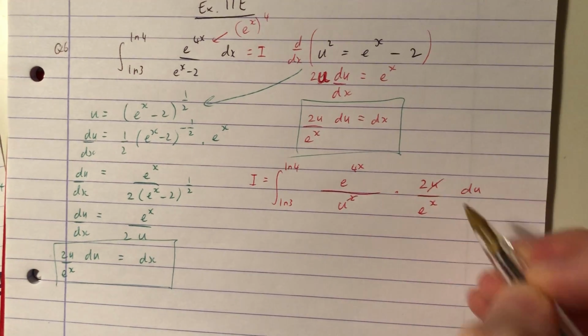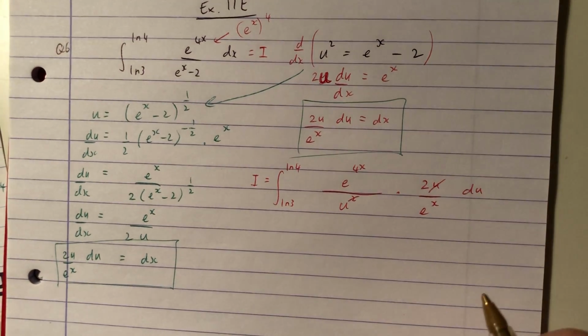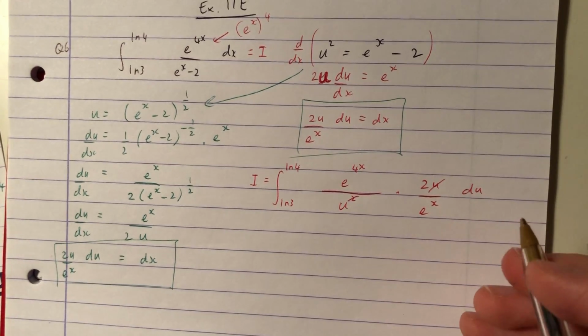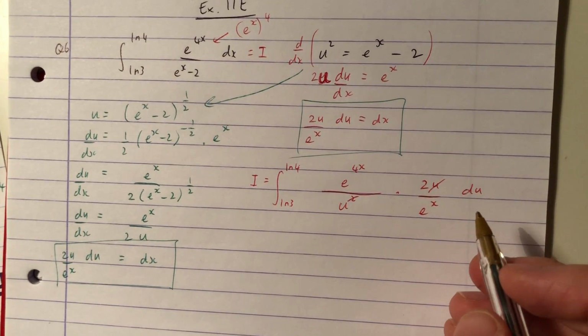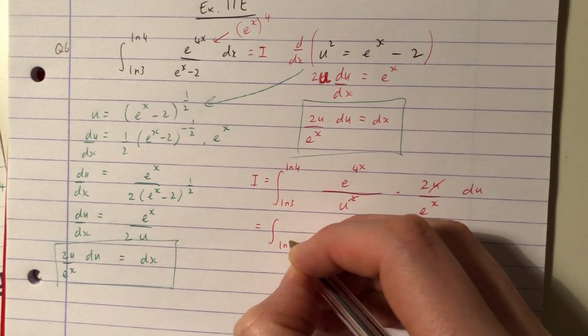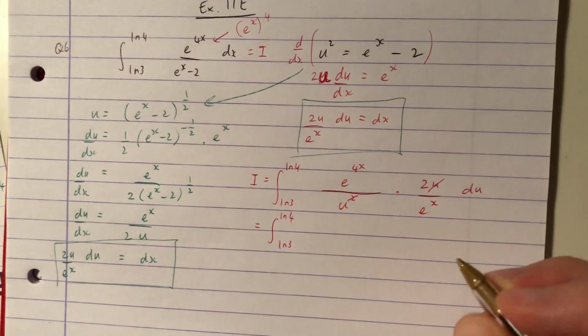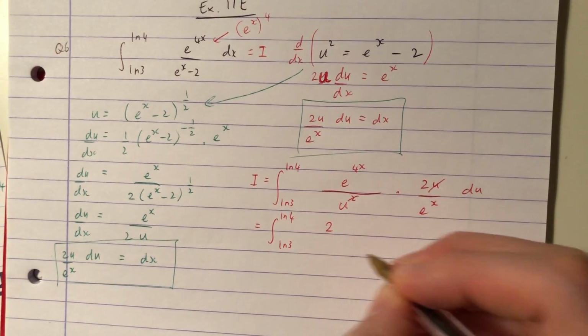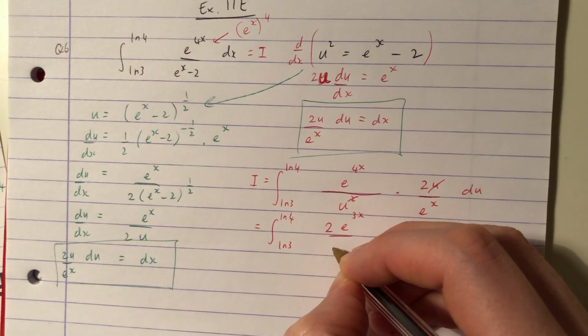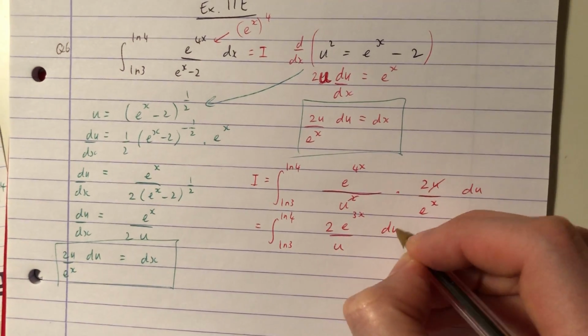That simplifies. u divided by u squared, you lose a u. And e to the 4x divided by e to the x would go to e to the 3x. So this is the same as integrating between ln 3 and ln 4 of 2 e to the 3x over u du.